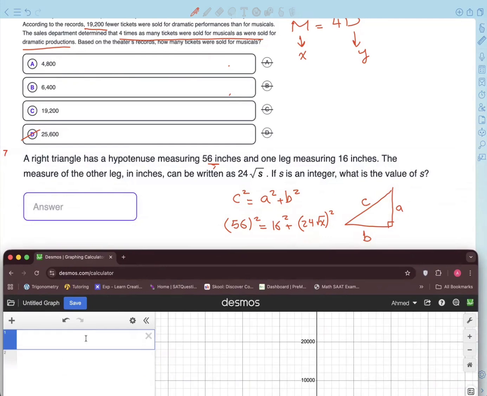Write 56 squared, like this. If we want to solve an equation in Desmos, write equal as delta: press shift and this button.